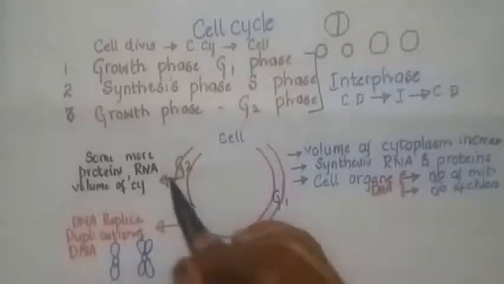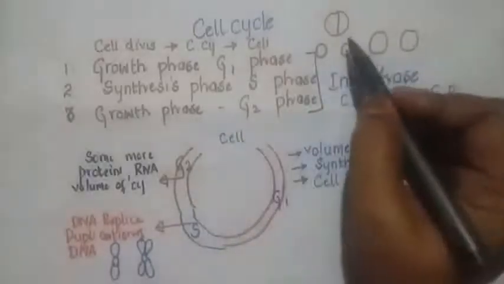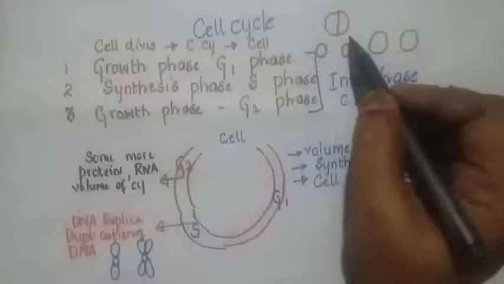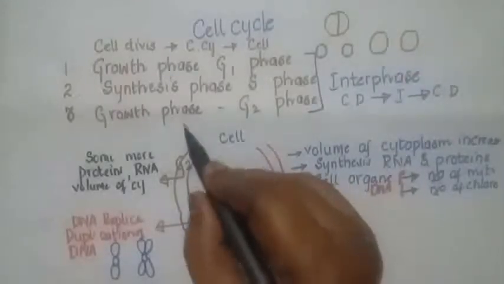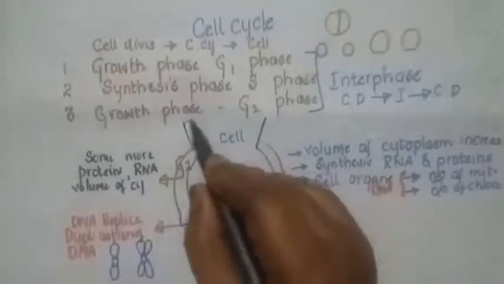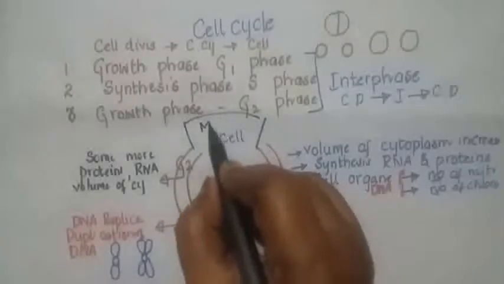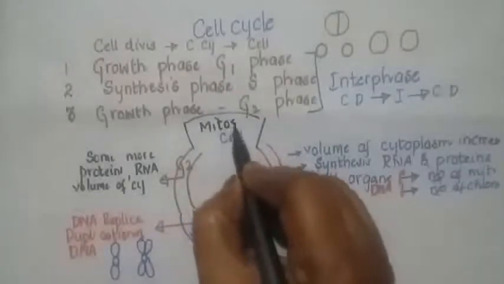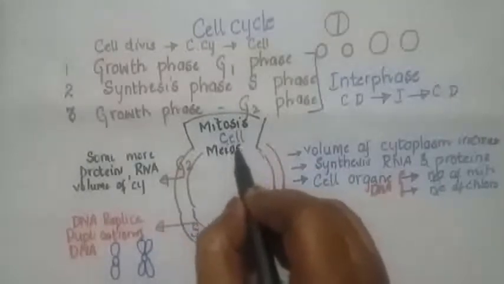So at the end of growth phase 2, the cell reaches the size of a parent cell, and it is ready to undergo a division. That division can be mitosis or it can be meiosis.